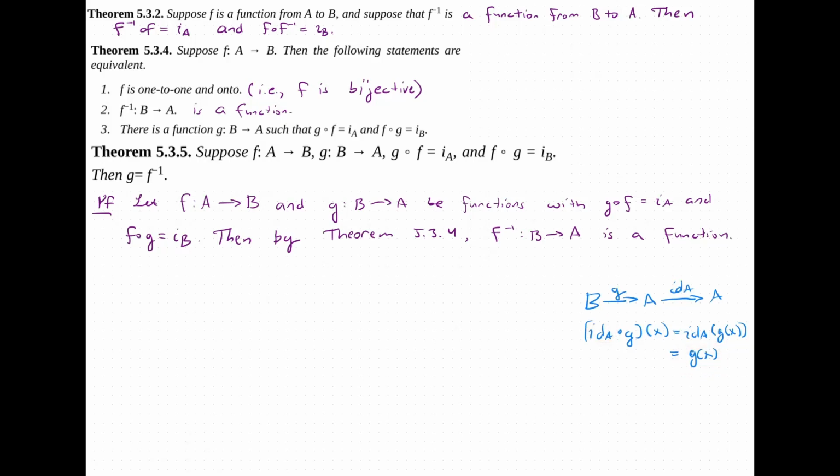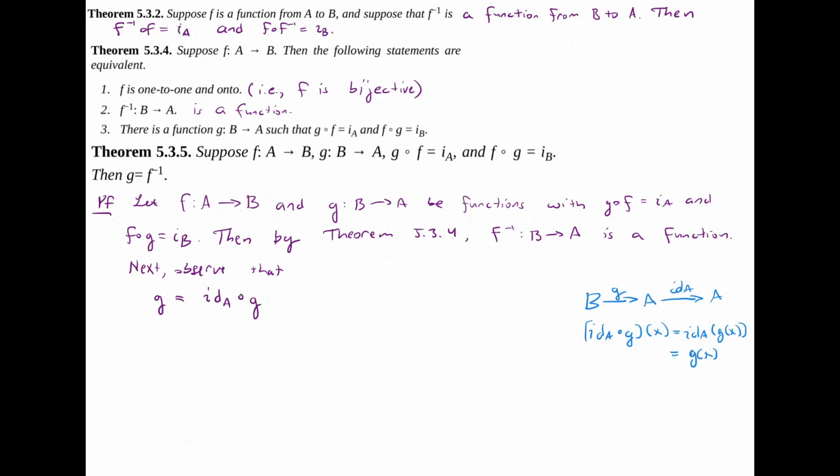So we're going to use this in the following way. Observe that we have g, which is equal to the identity on A composed with g.